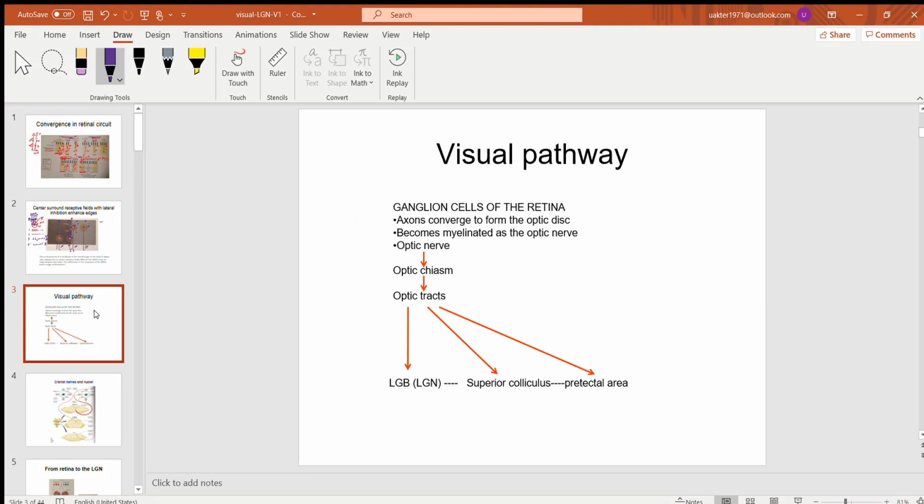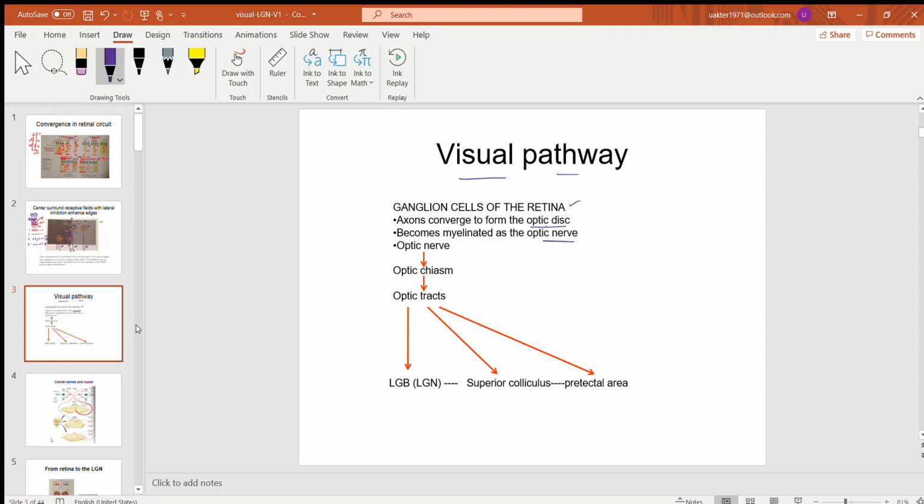Now let's talk about the visual pathway. You already know the visual pathway; we have talked about that. So from the ganglion cells of the retina, the axons converge to form the optic nerve, and through the optic disc, the optic nerve exits and becomes myelinated, right?